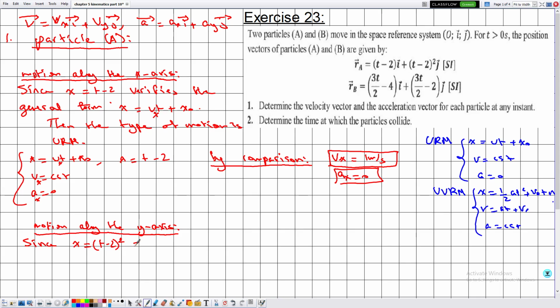This gives us t squared minus 4t plus 4 if we expand and reduce. Since it's quadratic in time, whenever the position is quadratic in time, this means it's UVRM and verifies the general form y equal to half ay t squared plus v0y t plus y0. Then the type of motion is UVRM.